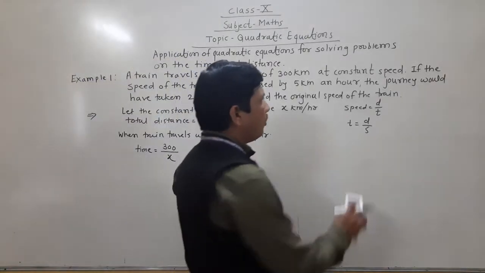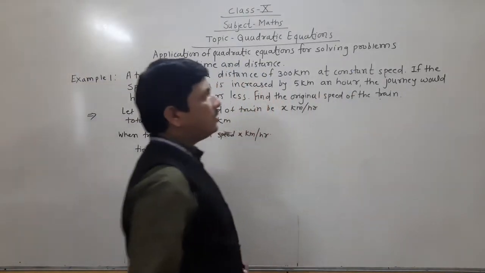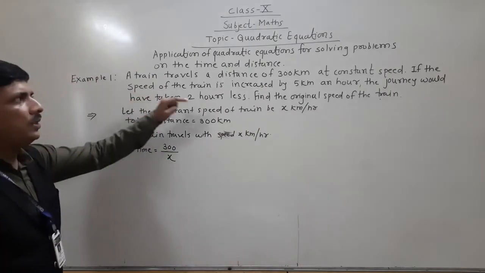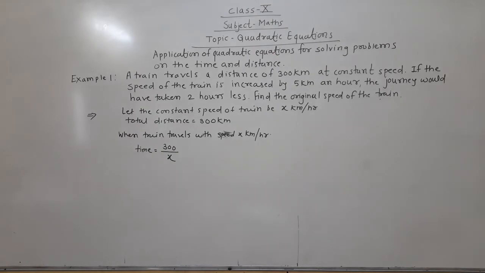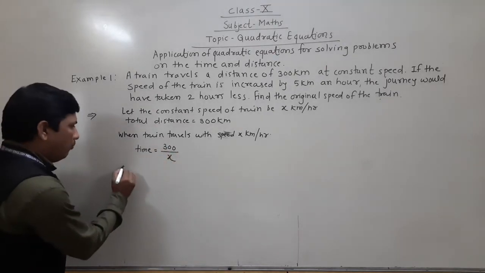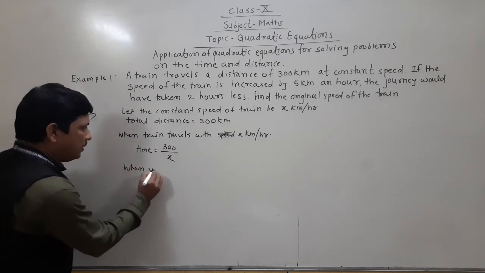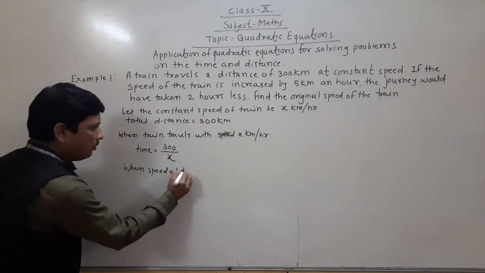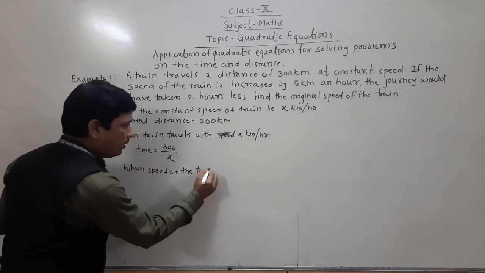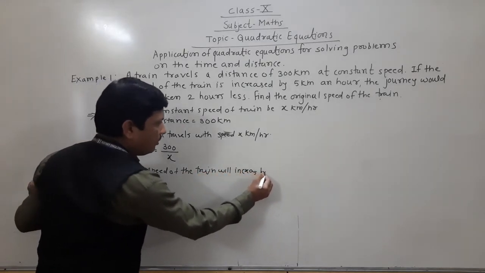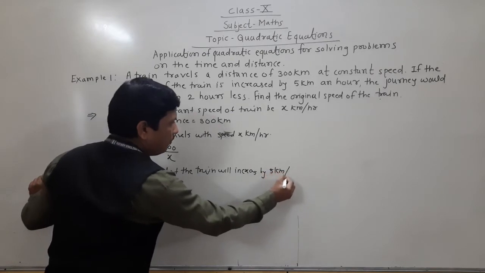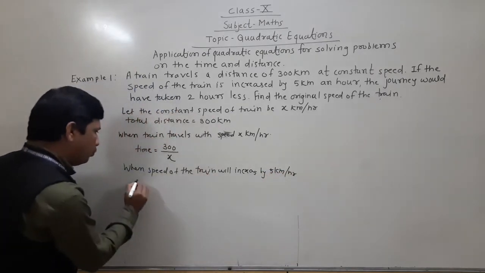Now we will think about the second thing, that is, if the speed of the train is increased by 5 km. When the speed of the train increases by 5 km per hour, what is the new speed?